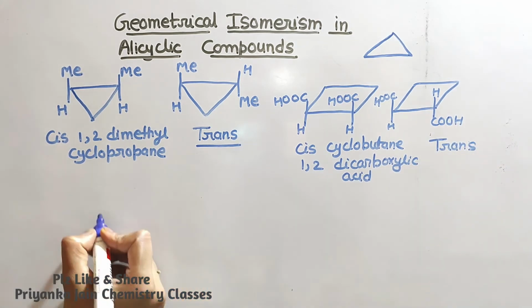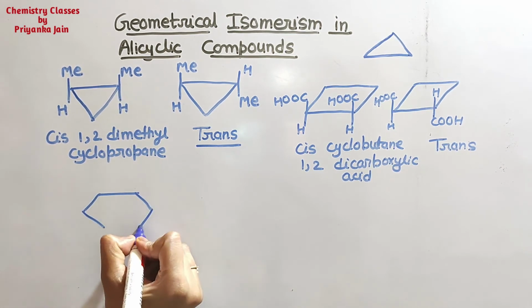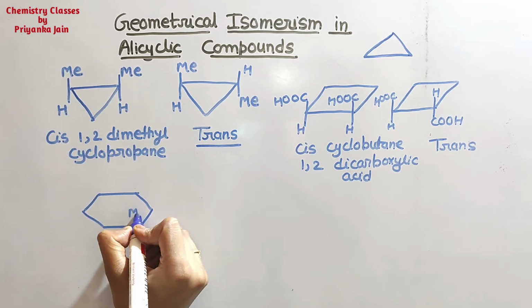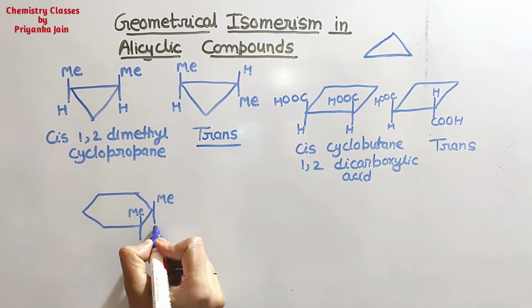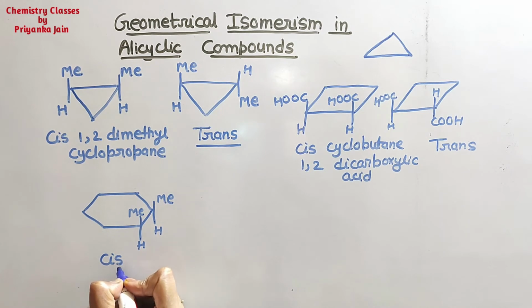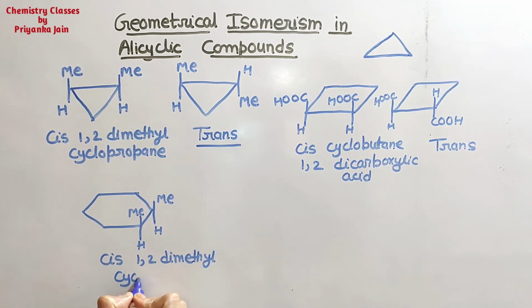Okay, similarly see one example of cyclohexane. If the two methyl groups are present on the same side, then this is called the cis isomer. Okay, cis-1,2-dimethylcyclohexane.